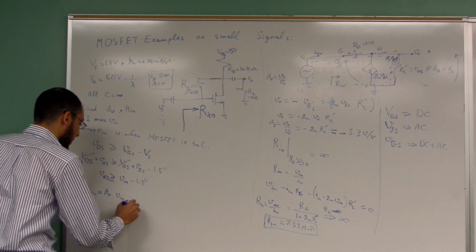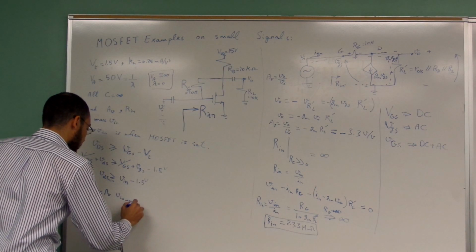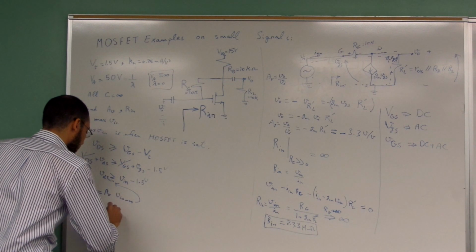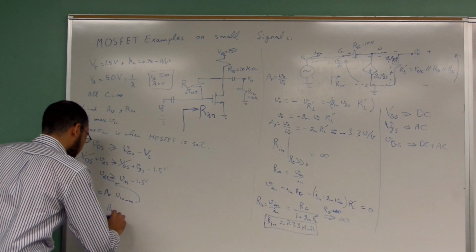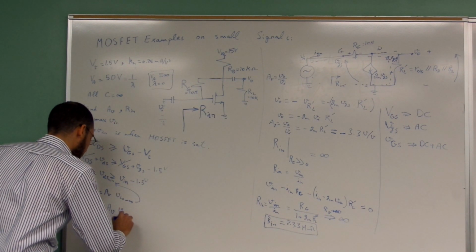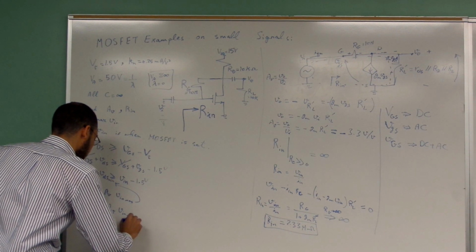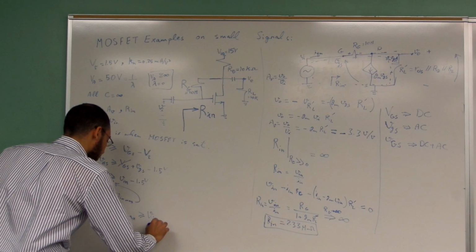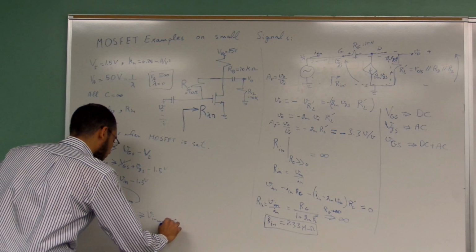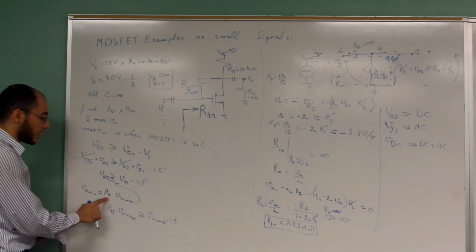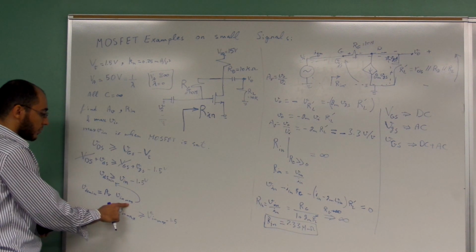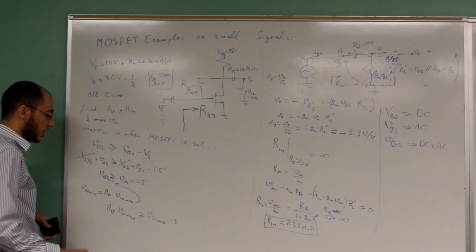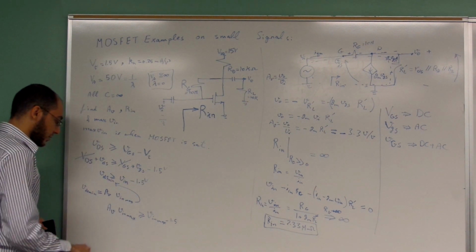So I could substitute by this here, then I could get AV times Vin max greater than Vin max minus 1.5. Why? Because I know that the AV is negative, so the maximum voltage corresponds to the minimum voltage DS. Okay?